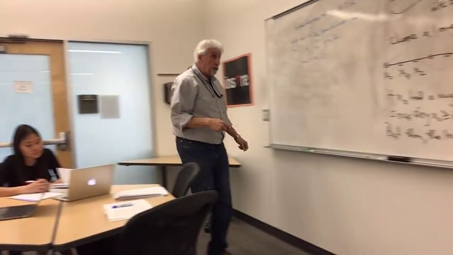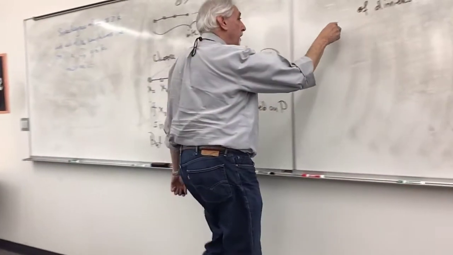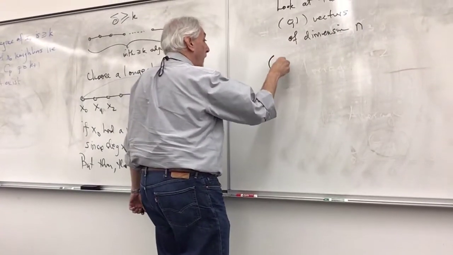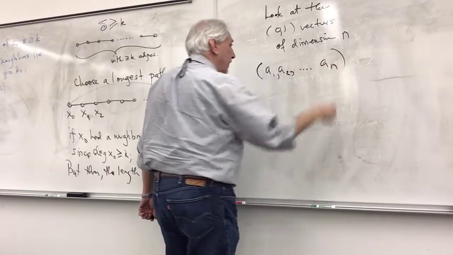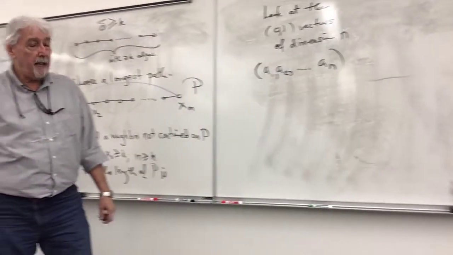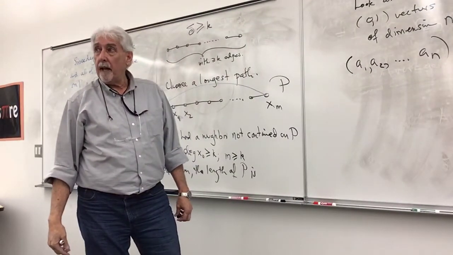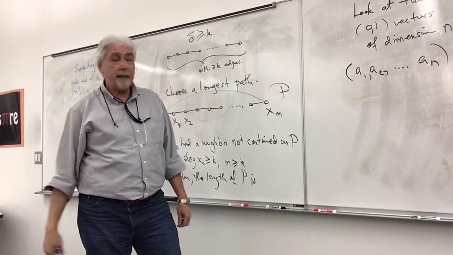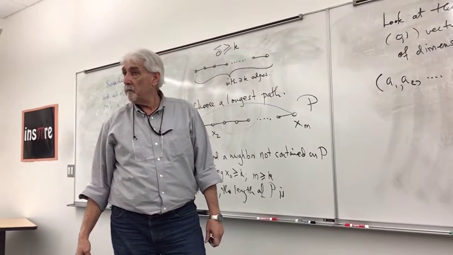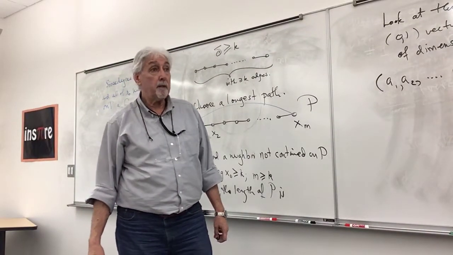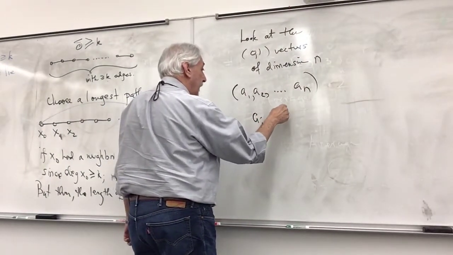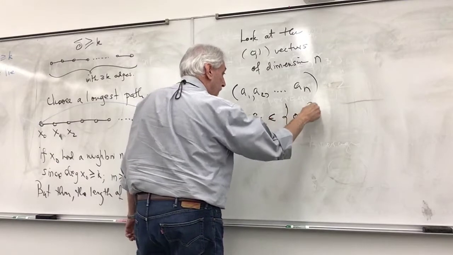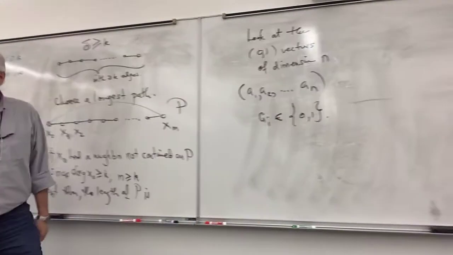So my vectors are of the form A1, A2, up to AN, dimension n. And they're 0, 1 vectors, so what can you tell me about each of the A_i's? They're what? 0, 1. A_i is an element of the set {0, 1}. Okay?